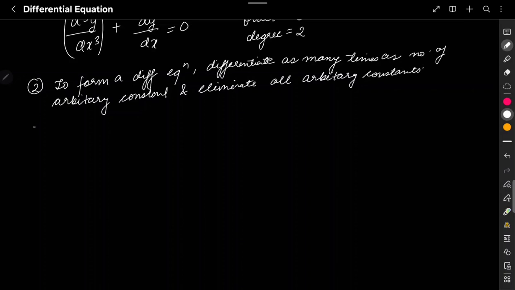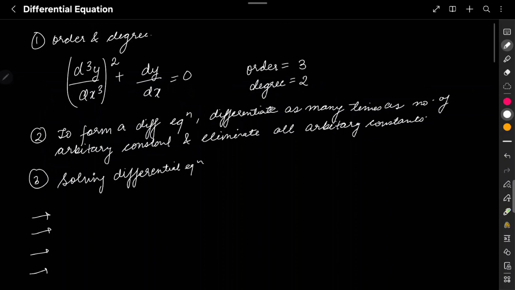Now we have the third point, how to solve a differential equation. There are a few methods to solve. First is variable separation. We can separate variables and solve the differential equation. So it is variable separable.